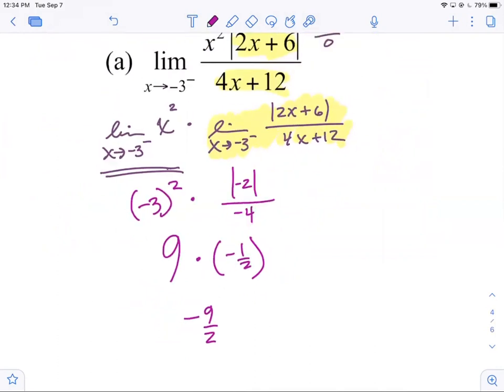If you were to plug in a negative 4 to both pieces, the Jumpman piece and the regular old smiling parabola, you would get negative 16 halves. Because you wouldn't get 9, you get 16. And guess what an answer choice would be on a multiple choice? Negative 16 halves, or negative 8. So, cuidado, cuidado. Okay, have a fantastic lunch.